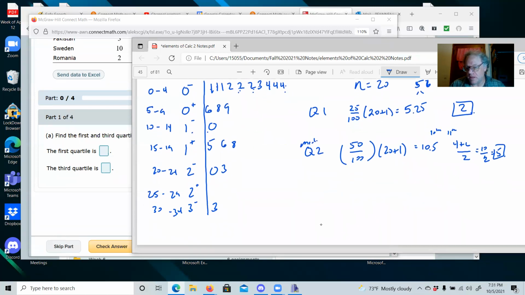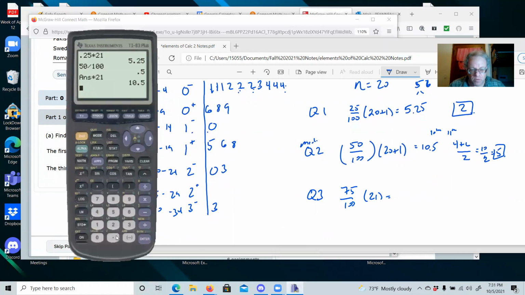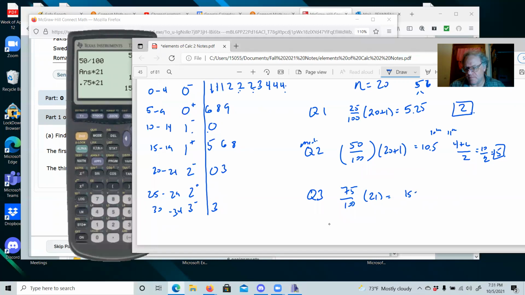Okay. Then we have Q3. Okay, we got 75 over 100, that's 3/4, times 21. Okay, so we're going to say 0.75 times 21 equals 15.75. So again, the most common thing that people do to make a mistake is they just put this down as the answer.